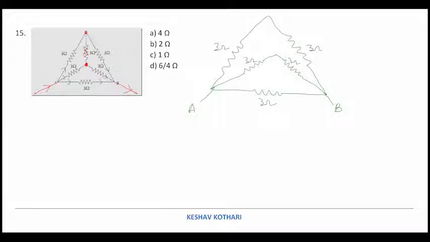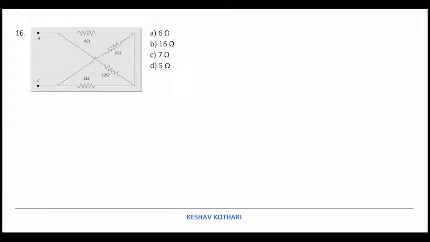So I say this is 6, 6 and 3. So the effective value or R parallel can be written as 1 by 6 plus 1 by 6 plus 1 by 3. So R parallel is equal to 6 by 4, that is equal to 3 by 2 ohm. It is matching with option 4. So this is the correct alternative. Let us move to the next problem.